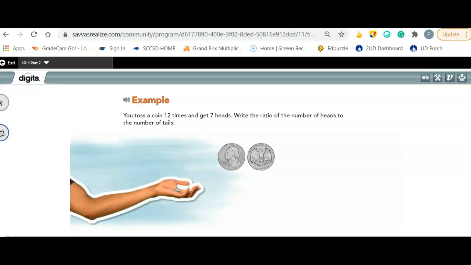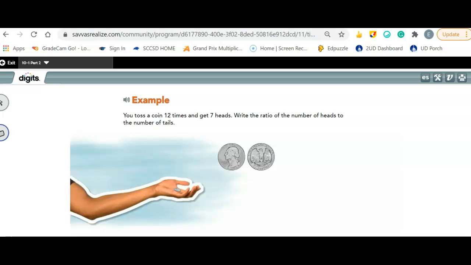All right, it says you toss a coin 12 times. You get 7 heads. Write a ratio of the number of heads to the number of tails. You may talk with your partner or the people around you to write this ratio if you would like. Here we go.